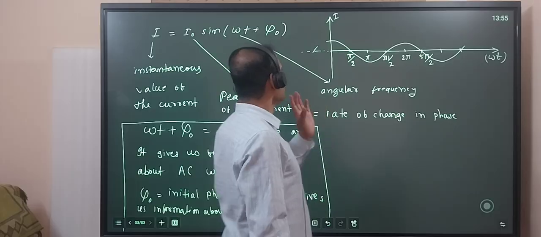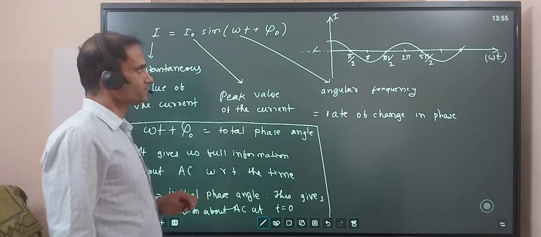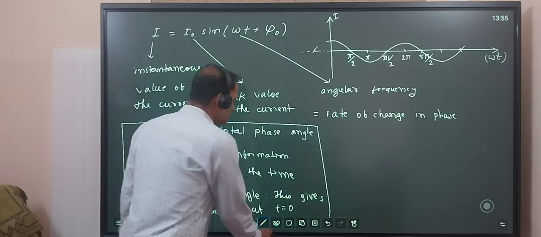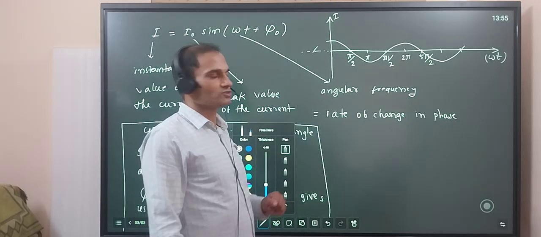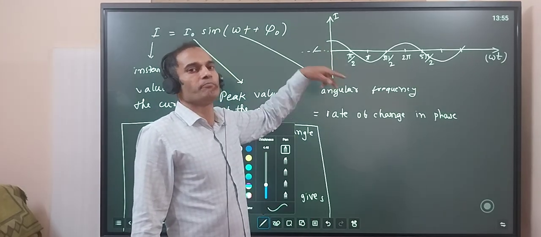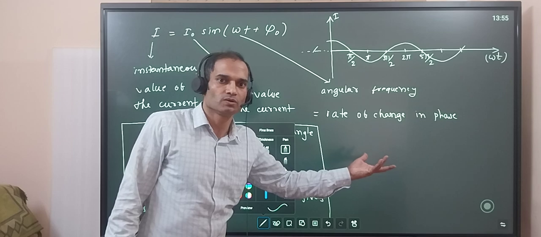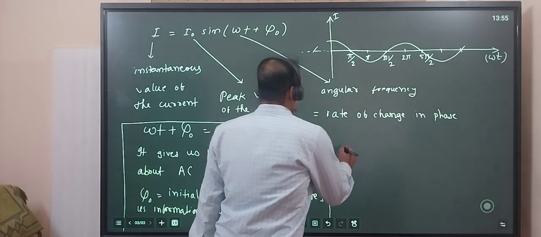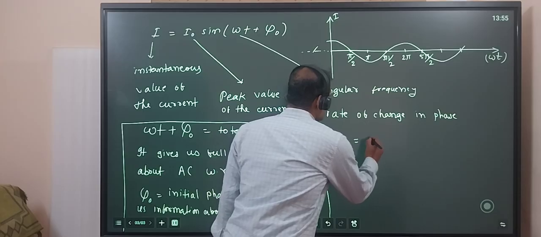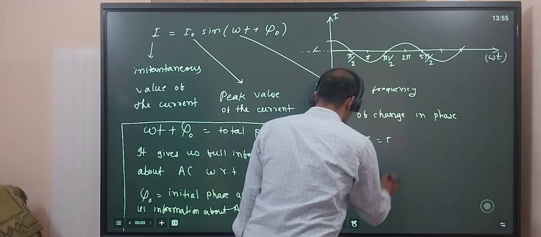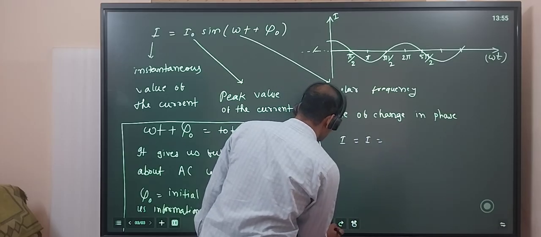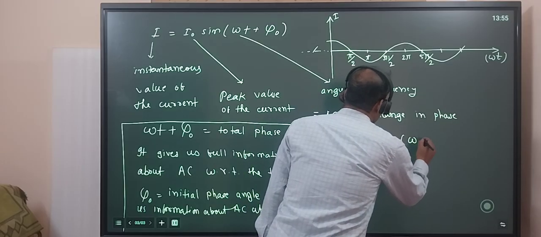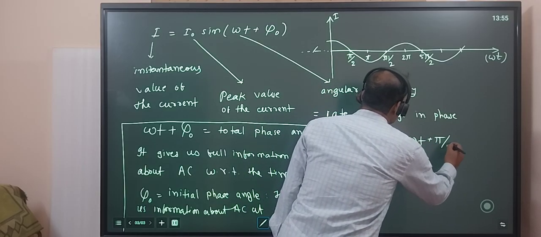Now what you see here, it is a cosine function. So initial phase angle is pi by 2. Its equation will be something like this: I is equal to I naught sine omega t plus pi by 2.